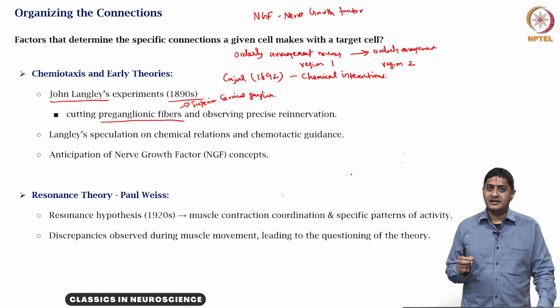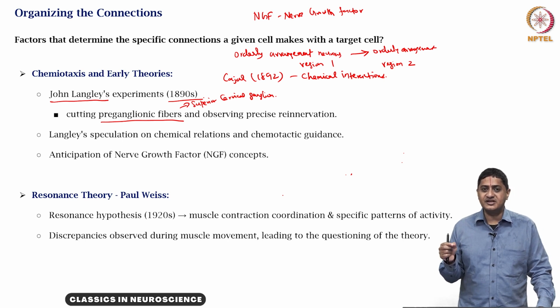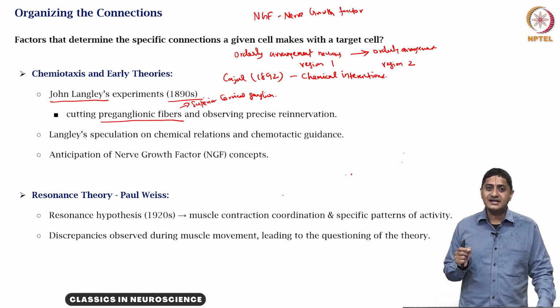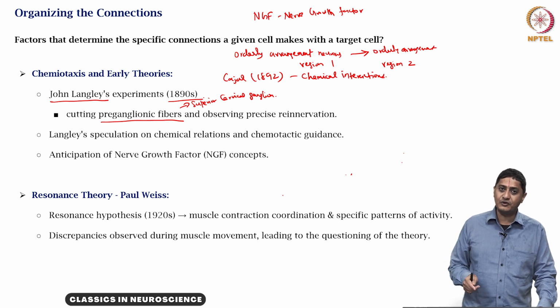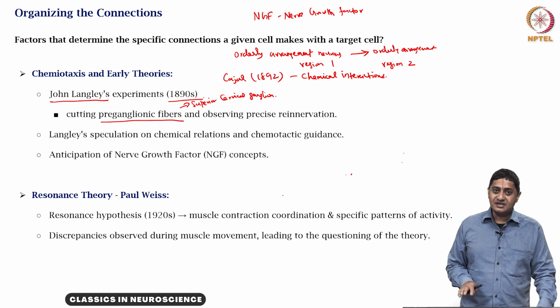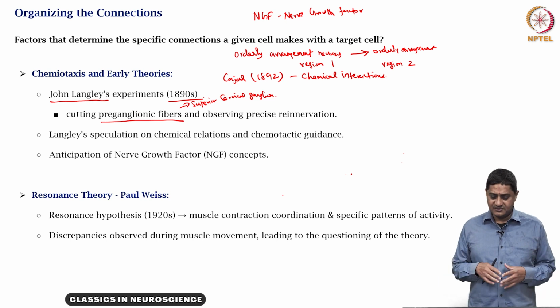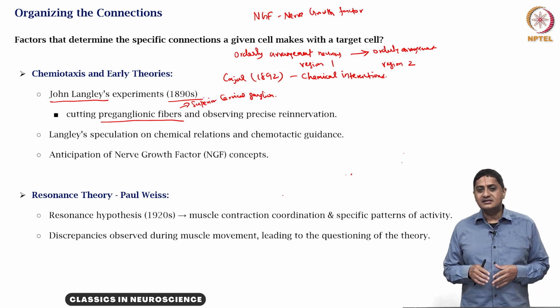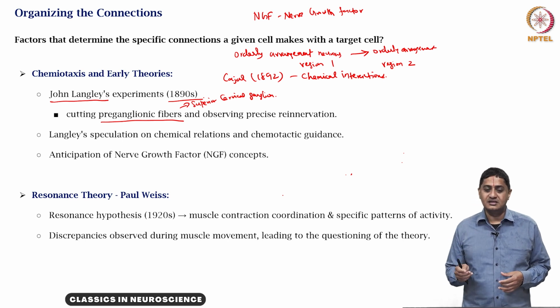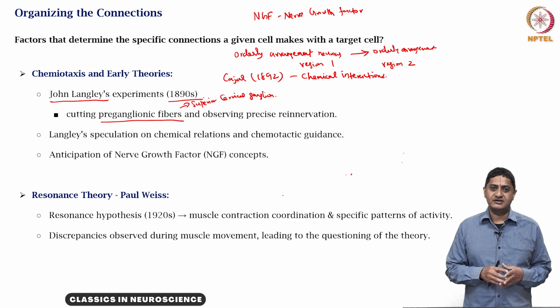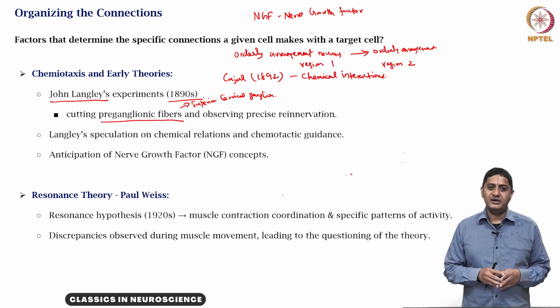So, he cut and he activated specific preganglionic neurons, and he found appropriate or exact responses that were found before the cut. So, the response that was found before the cut was present even after the cut. That means that reinnervation happened in a very specific manner, that this regrowth of this neuron happened in a manner that was very specific.